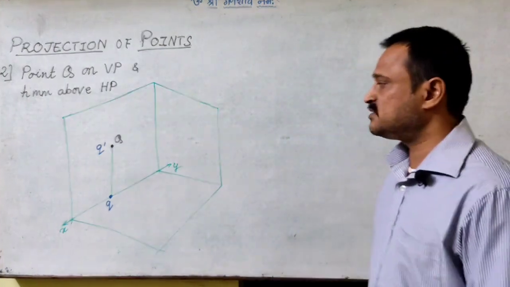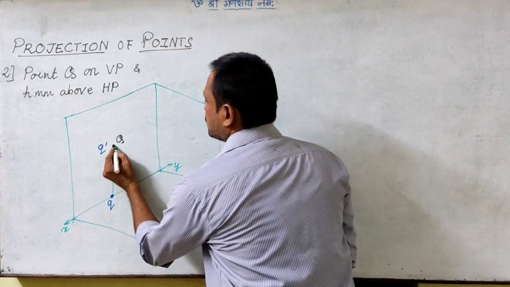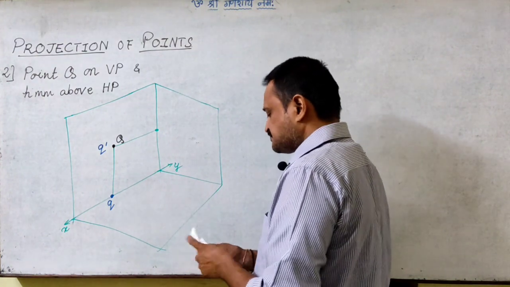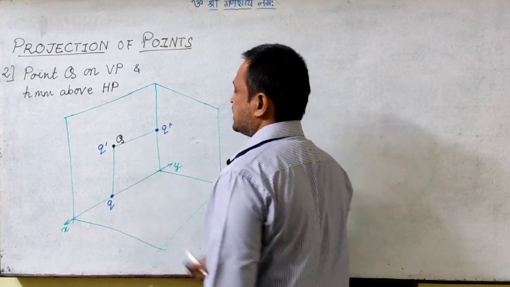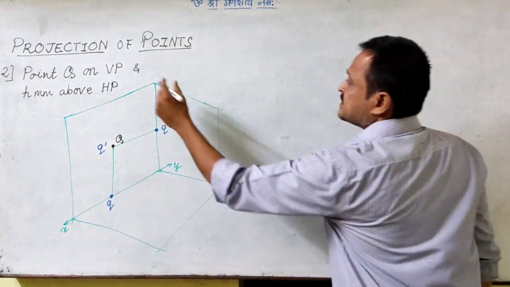So this is the profile plane. If I move to my left and look at the object, I'll be able to see the side view image of the point Q as Q double dash on the x1 y1 only.